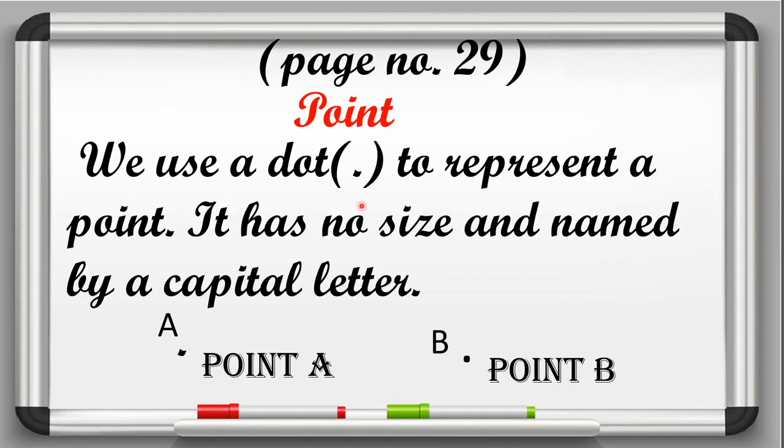So whenever a dot is given like this, how can you read it? With the capital letter which is given as its name. You have to read it as point, and after that you have to speak that capital letter. Like here we speak it like this, point A, and for this dot we will speak it like this, point B. Understood?